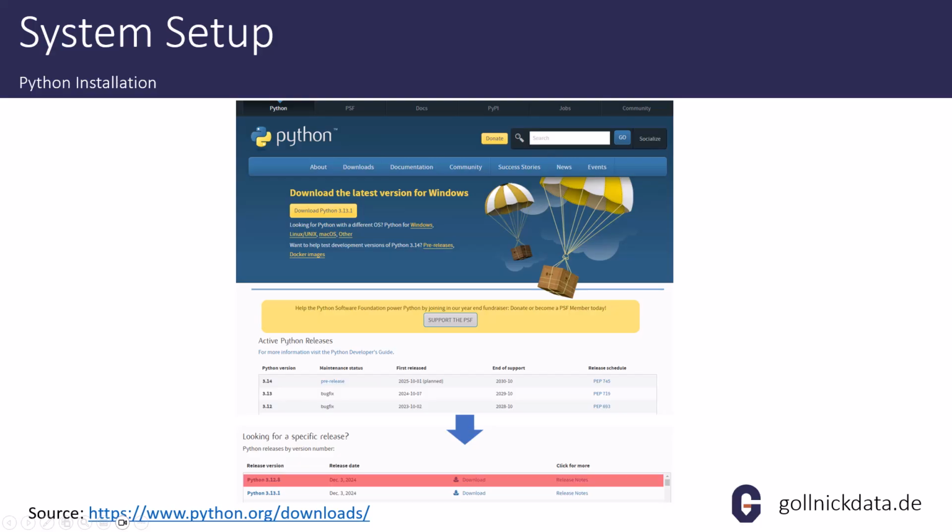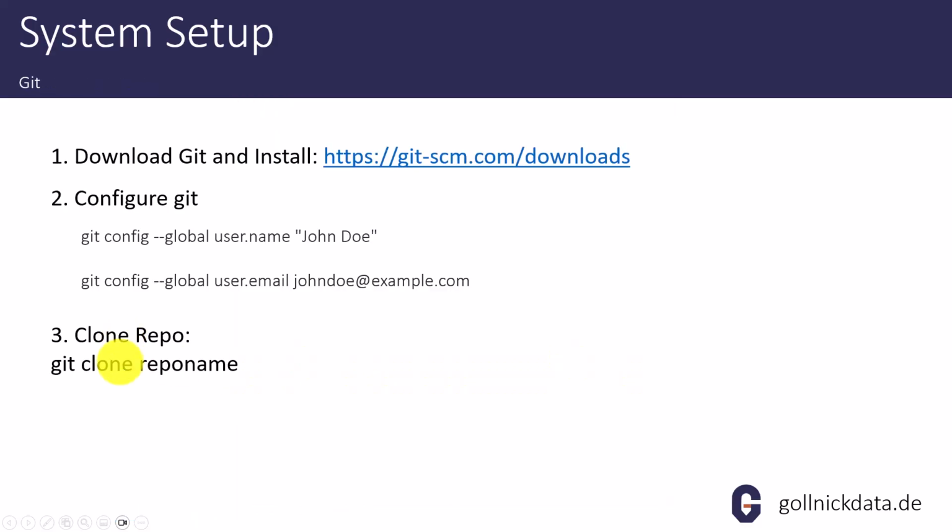But first things first, we need to install Python. So we are going to head over to python.org, look for the right version. We are going to install it, all very standard, nothing fancy here, and then you have Python installed on your system. The next part is that we are going to download Git. Just install everything.